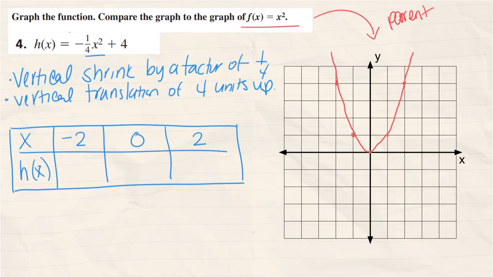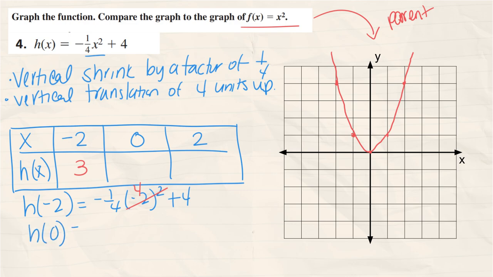So if I have x for negative 2, I'm going to have negative 1/4 times negative 2 squared plus 4. I know that this becomes 4, correct? And 4 times negative 1/4, I'm going to get negative 1. Negative 1 plus 4 gives me 3. Now when x is 0, I'm going to have negative 1/4 times 0 squared plus 4.